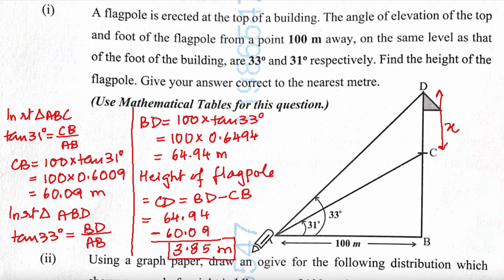So 3.85 is 4 meter, rounding off. Oh, what did I do? I got carried away. Sorry. So this is 9 and this is 4. Correct? So 94 minus 9 is 85. So this will be rounding off to 5 meter.